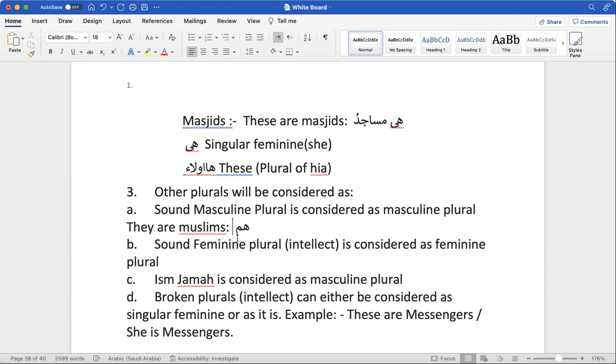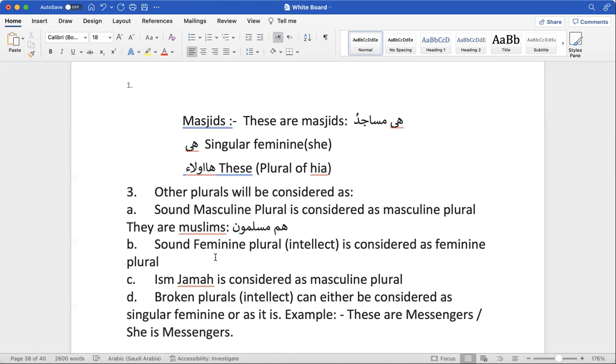So I will say here hum muslimuna, normal. Okay, hum muslimuna. So you see, this hum is matching in gender as well as number with the Muslimuna, because Muslimun is a normal masculine plural, sound plural, and it is intellect.